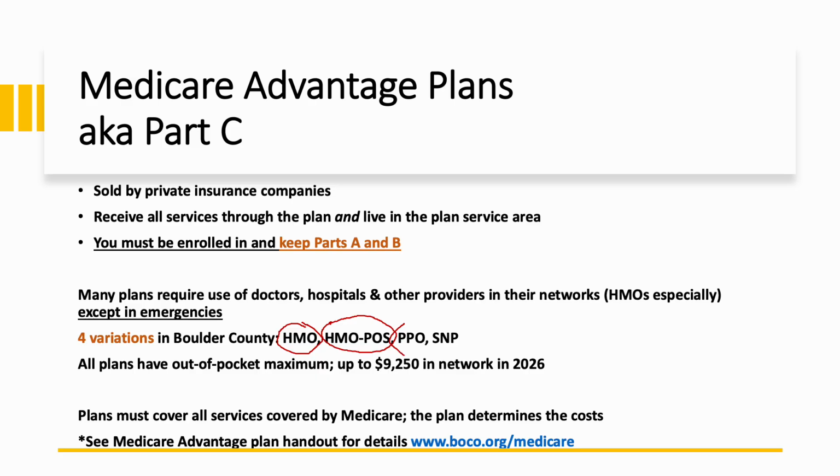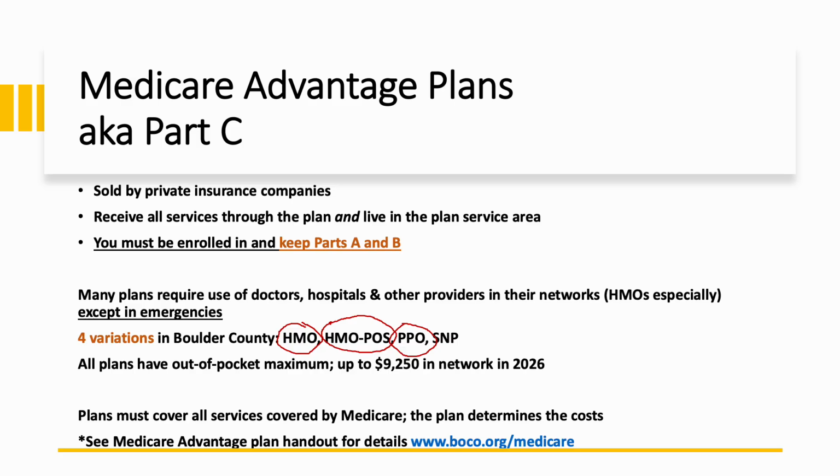And then there are quite a few PPO plans. A special needs plan is for people who have both Medicare and Medicaid, or they have a chronic condition that qualifies them for that special needs plan. So there are 4 different variations of types of plans that you can enroll in.